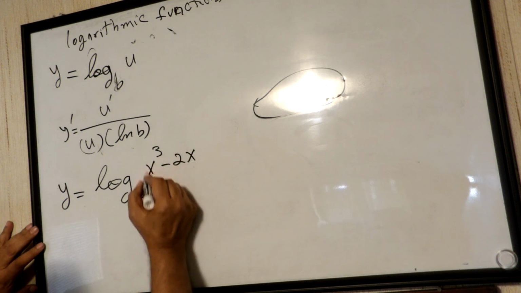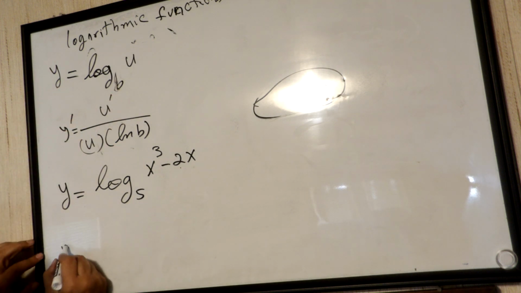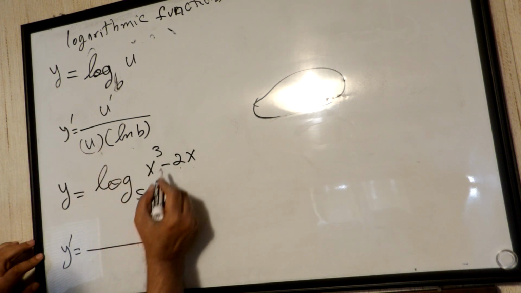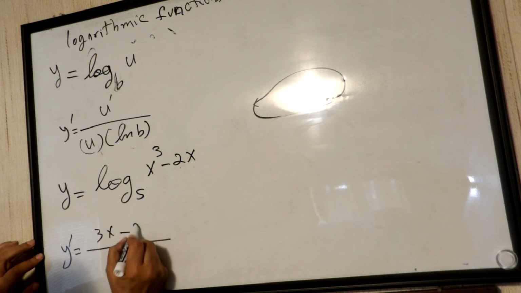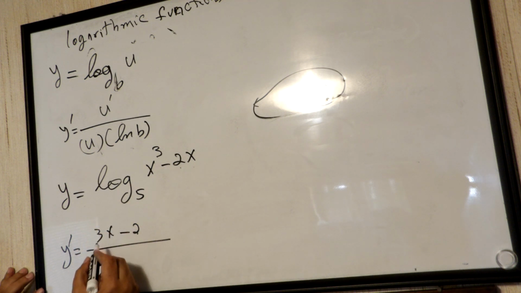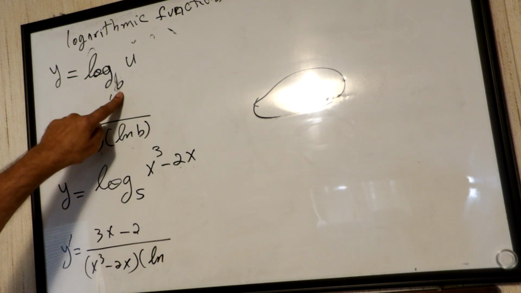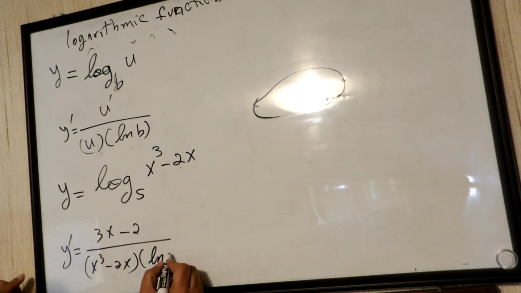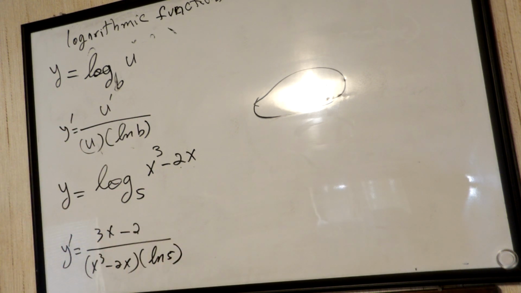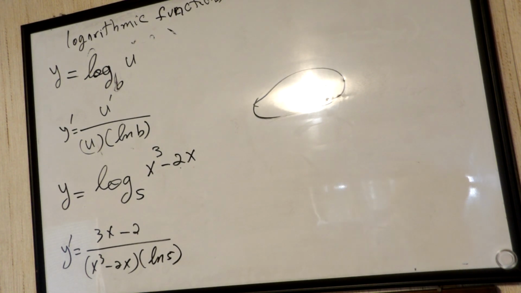So this is u, this is b, and the derivative u prime is going to be 3x squared minus 2, divided by u, which is x cubed minus 2x, times ln b. What is b? b is 5. See, it's pretty much the same as the other one.